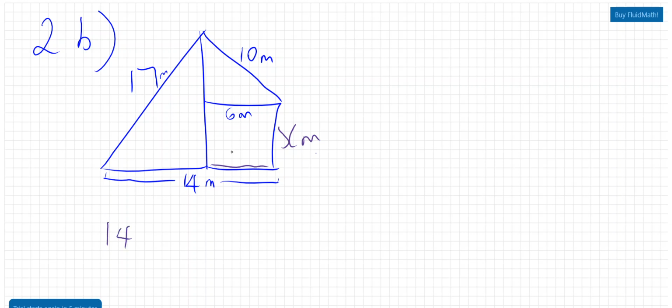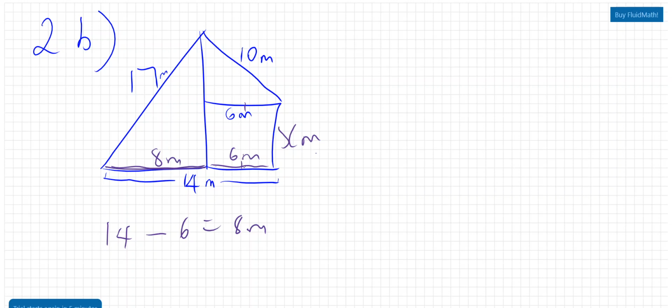Oh, sorry. So this length here is 6 meters. It's the same as the top line there. They're equal lengths. And so I can find this length here by going 14, take away that shorter side, 6, and it leaves me with 8 meters.